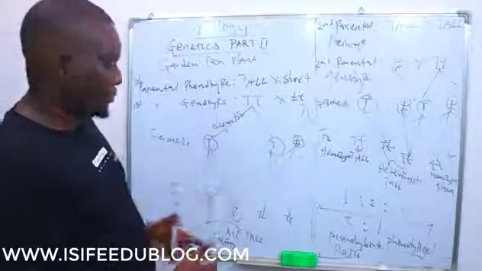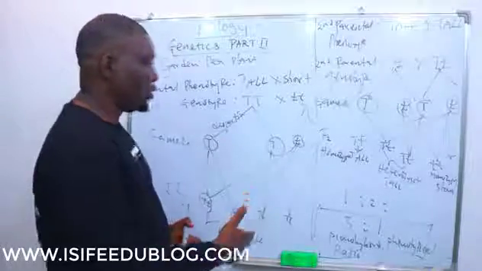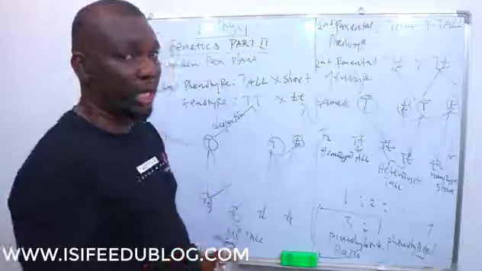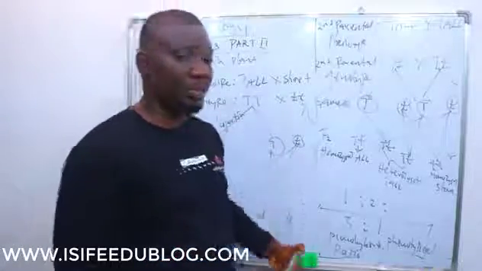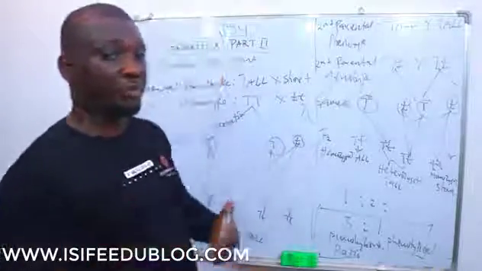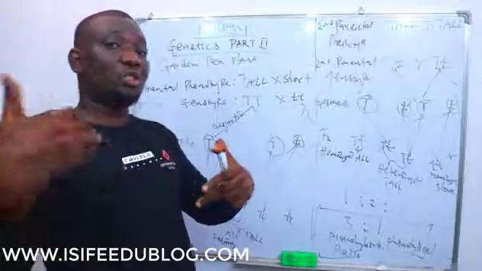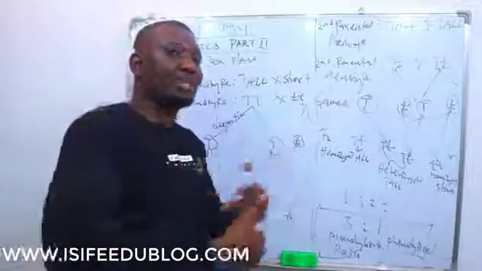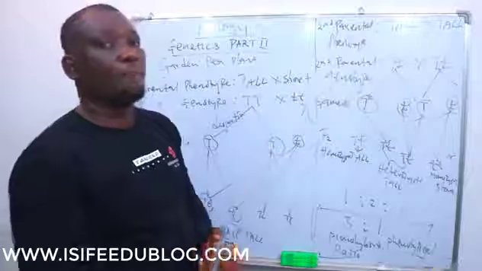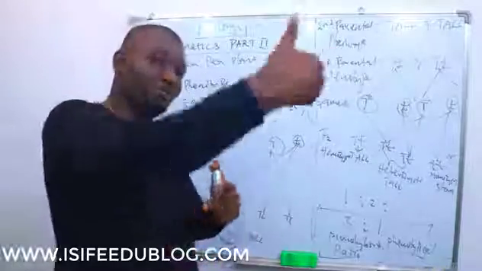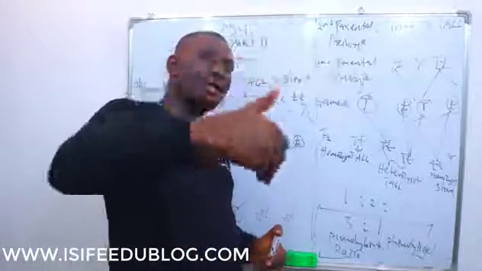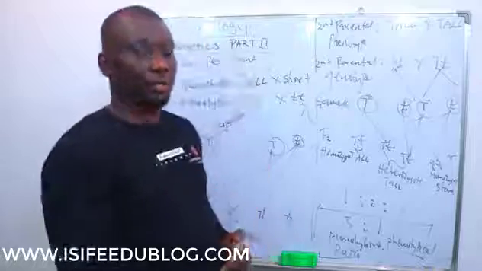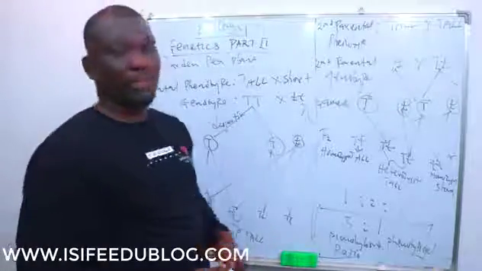Then in the second, the short character will tend to appear in another generation, because genetics is the transmission of characters from parent to offspring from generation to generation. There are some traits that may not be passed on to the immediate generation, but they may be seen in other subsequent generations. So that is the case of a recessive character.